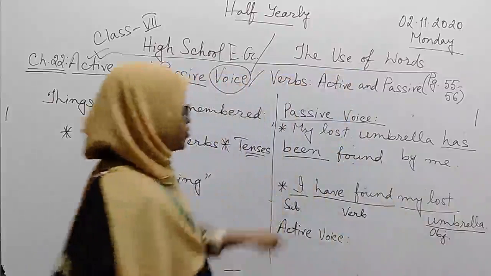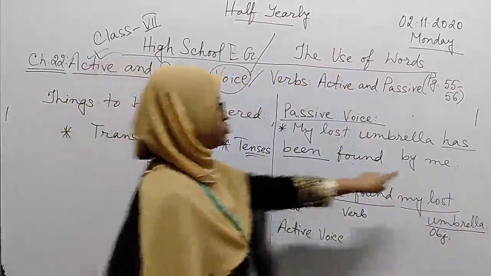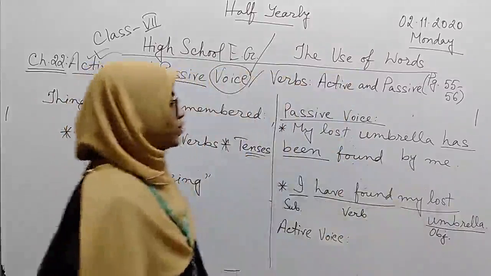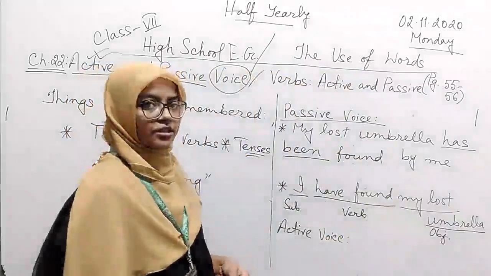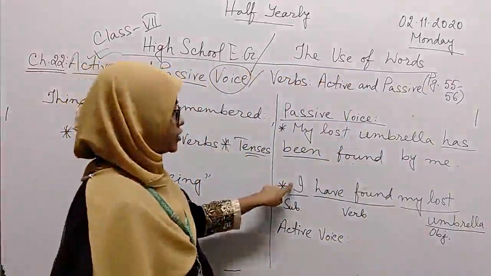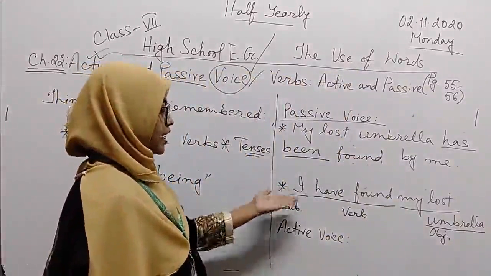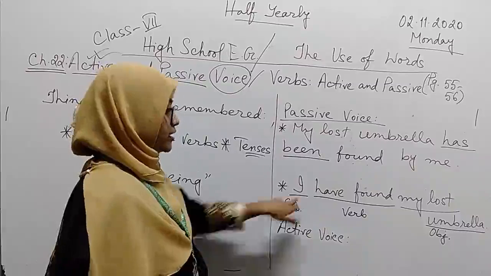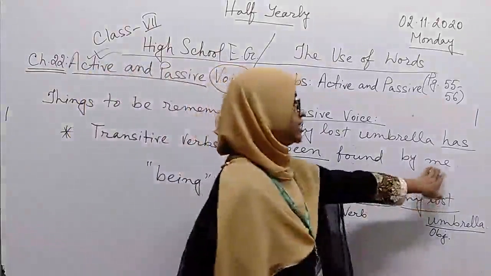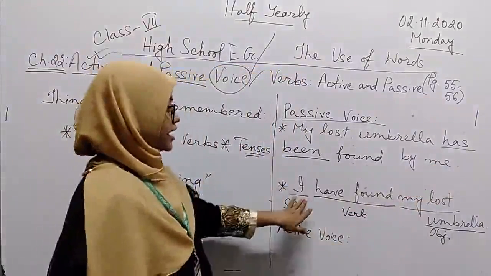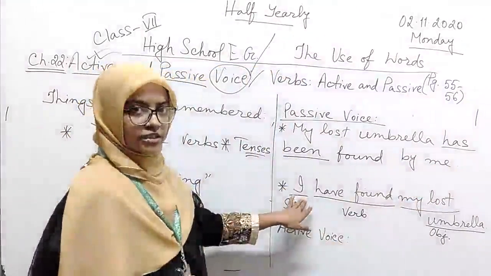By me. We change the subject into object. While doing that, we need to change the word. While writing the subject, we write I. While making it into the object, we have to write me. Okay? I cannot be the object.